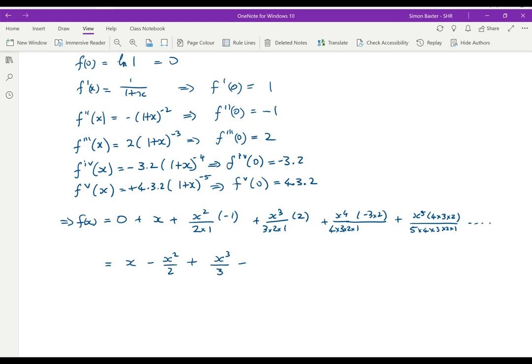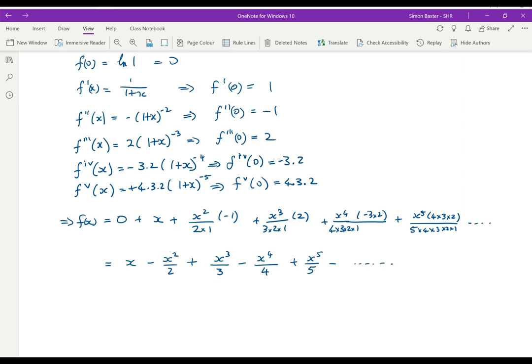I've now got minus, 3 times 2 cancels, leaving me with 4 on the bottom. Plus, 4 times 3 times 2 cancels, leaving me with 5 on the bottom. Now we have a very clear pattern and we can see what's going on.